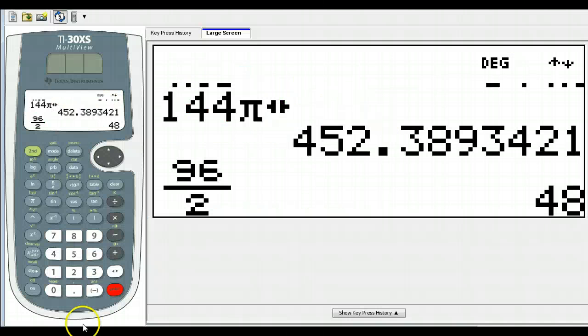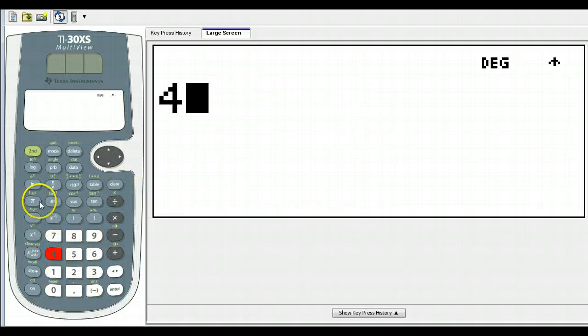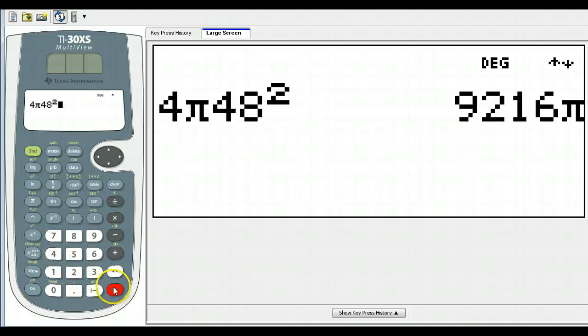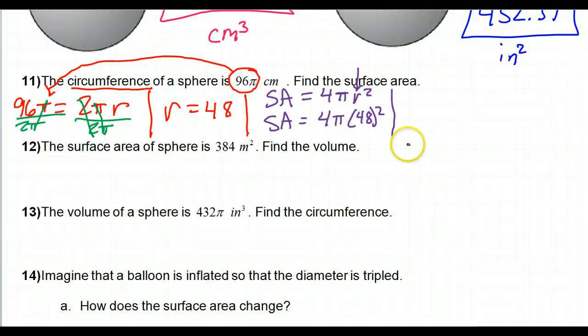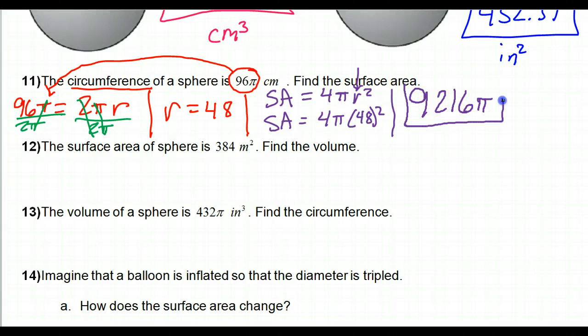Okay, let's see what the calculator does with that. 4 pi times 48 squared. 9,216 pi. Alright, so that is the exact answer right there.